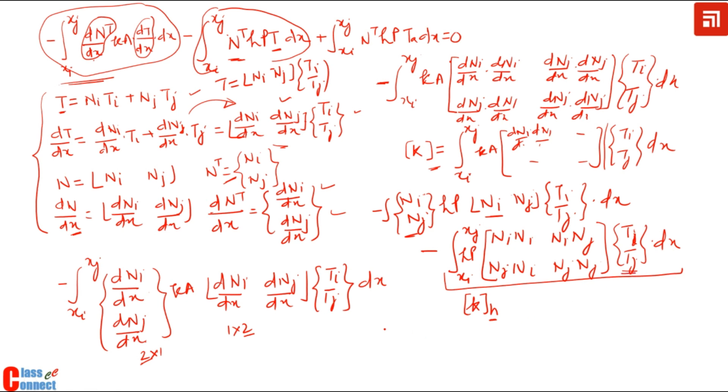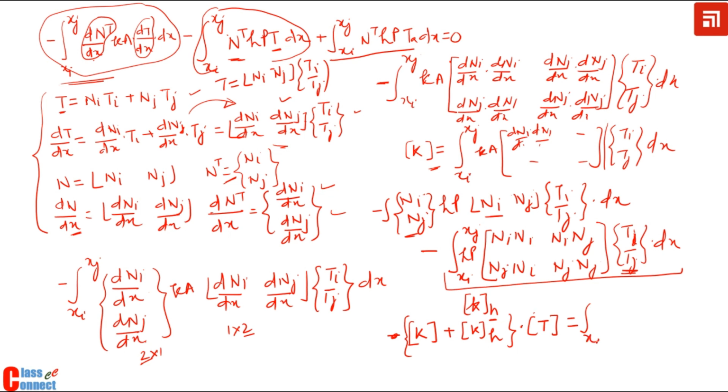So the first two terms I can write down with minus, or I can take these two terms to the other side. So it is k times the conductive part plus k times the convective part, and these both are to be multiplied by this temperature vector, that is T, and this is equal to this third part that we have not simplified.